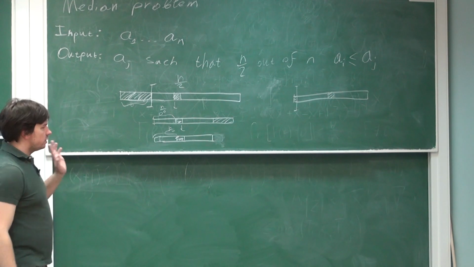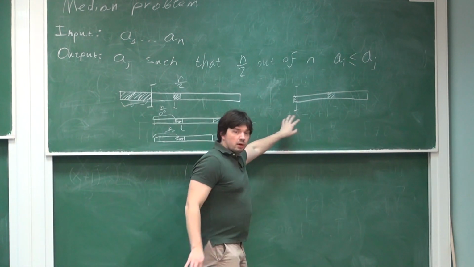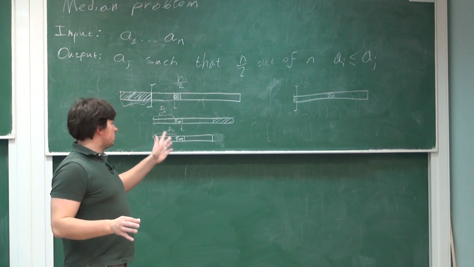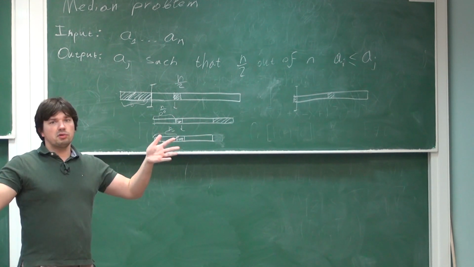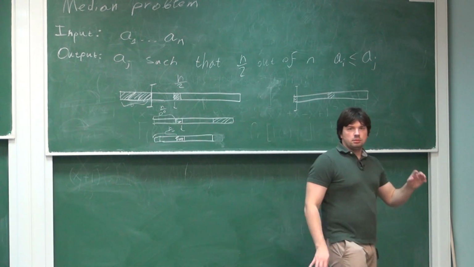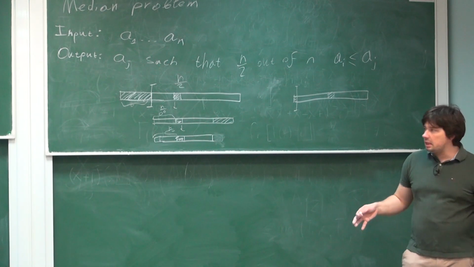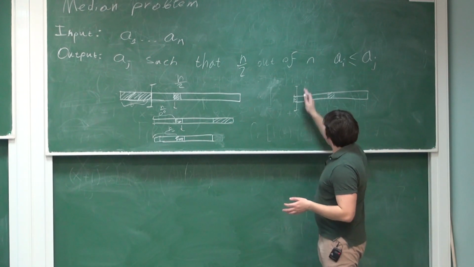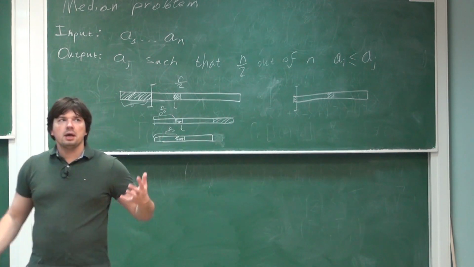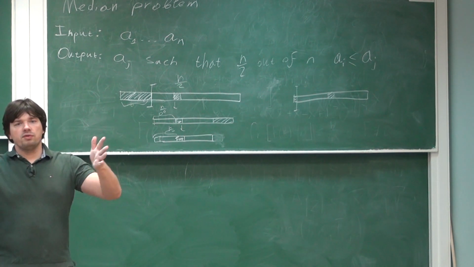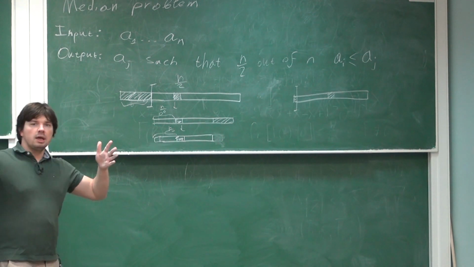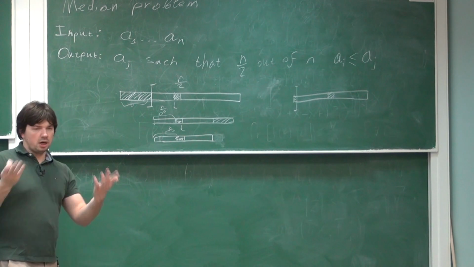So first of all, I want this boundary to be at least useful at all, so I need it to be inside the range of my array. And then I want it, and this one I won't be able to guarantee, but probably, with high probability, to cut away a portion of my array, let's say at least 10%. So my array is shrinking by 10% every round with high probability.